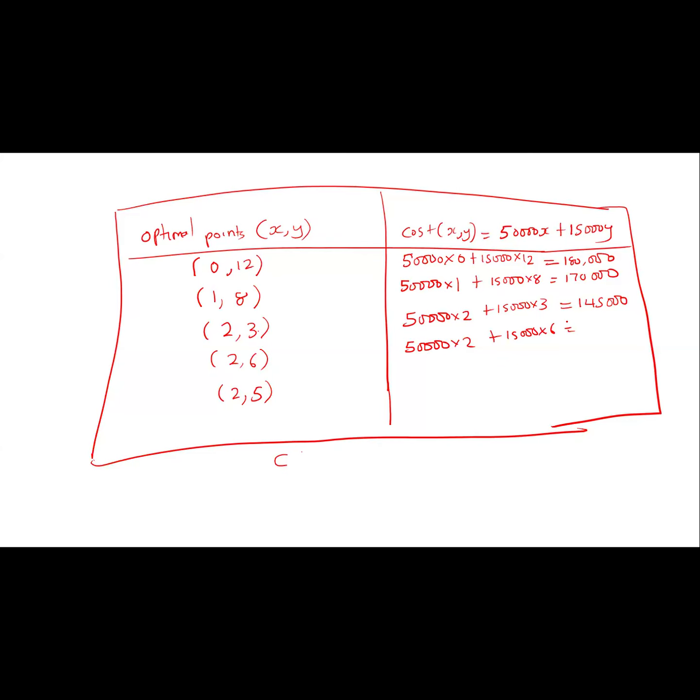In case there is any answer, I'm getting 190,000. Then here I have 50,000 times 2 plus 15,000 times 5. I get the answer.